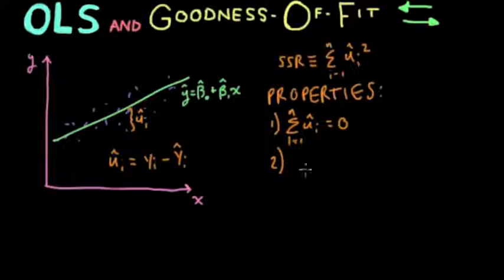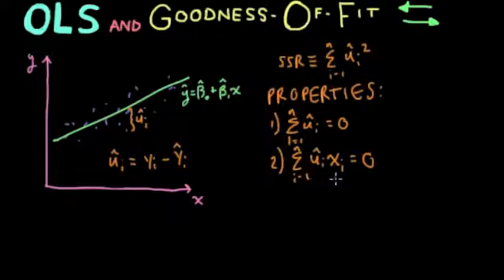Our second property that's very important for OLS is the sum of all the residuals multiplied by the x's will be equal to 0. Now, x is our independent variable, and essentially what property 2 is saying is that the independent variable is not correlated with the residual.